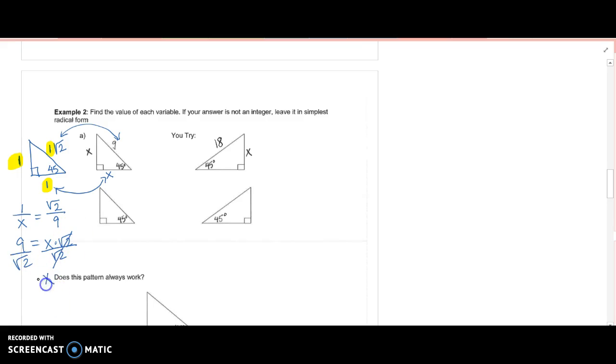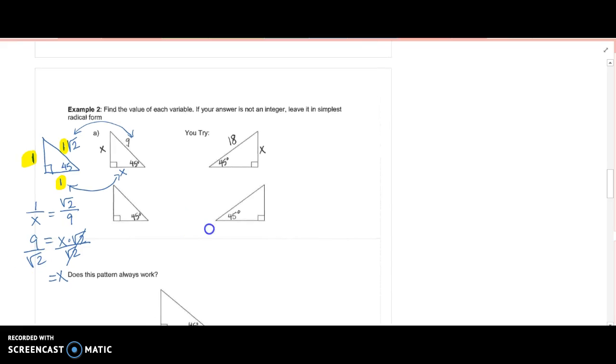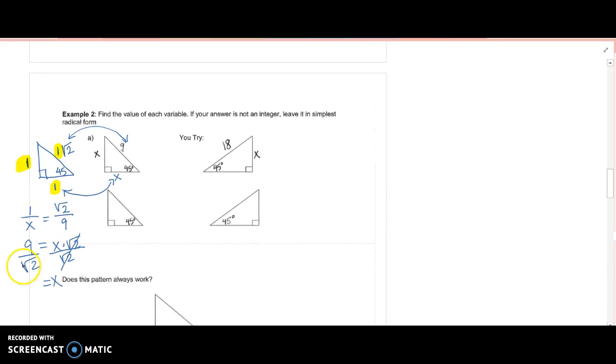So now x is by itself on the right-hand side of the equation, but oh no, I have a radical in the denominator. How do I get rid of it? Well, I rationalize. I multiply by square root 2 in order to make this a perfect square on the bottom so that I don't have a square root on the bottom.